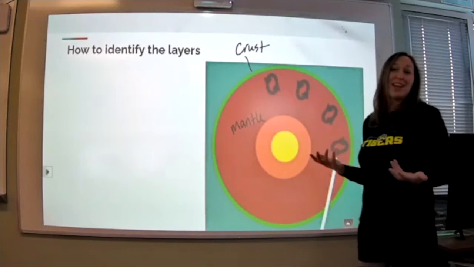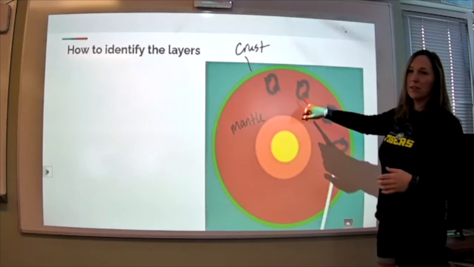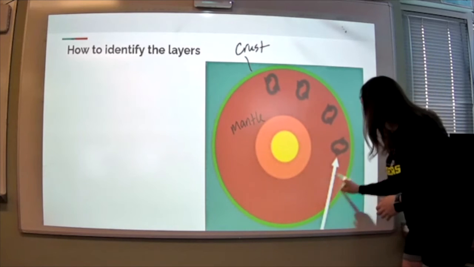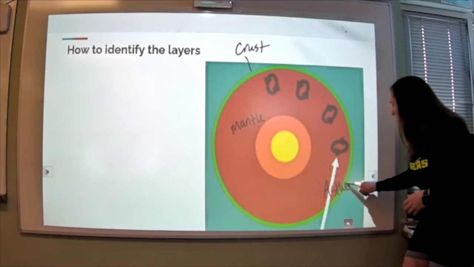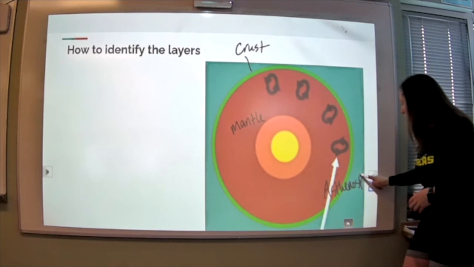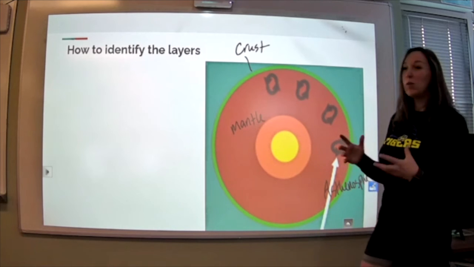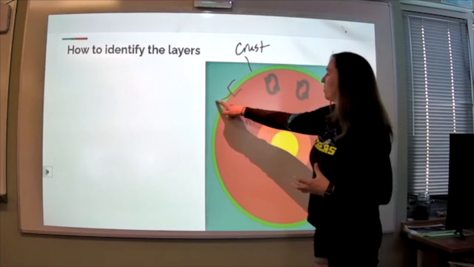The way that I can identify the asthenosphere always is arrows like this. This is identifying our convection currents. So these arrows are going to be our asthenosphere. And then my lithosphere is going to be a little bit of the crust and then the top part of the mantle.